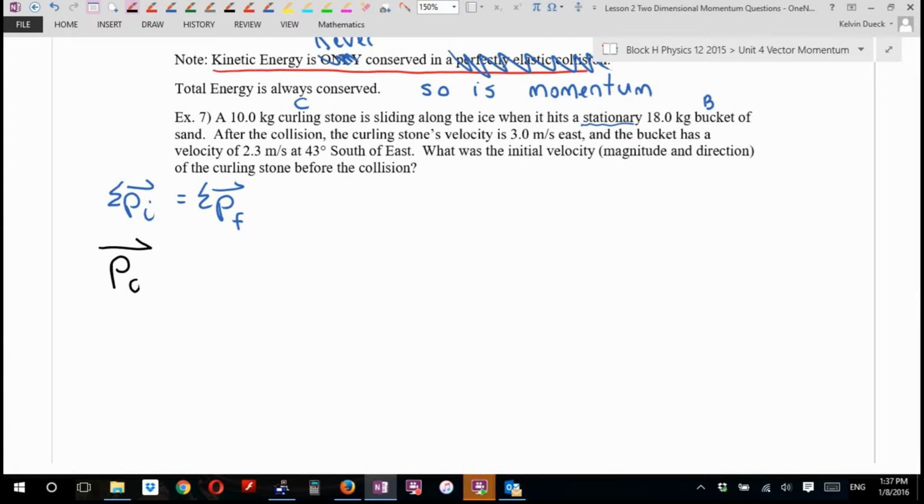After the collision, what's moving? Mass C, mass B, both or neither? Both. Stuck together or separate? Oh, I should have said C initial and then C final. B final.